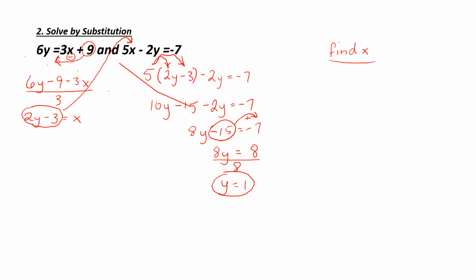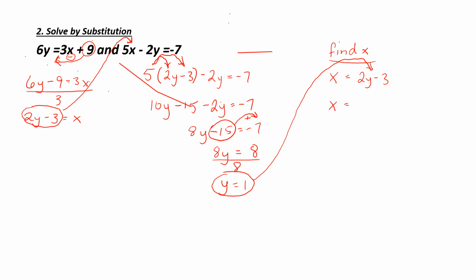And that is x is equal to 2y minus 3. And I now substitute 1 in for y.